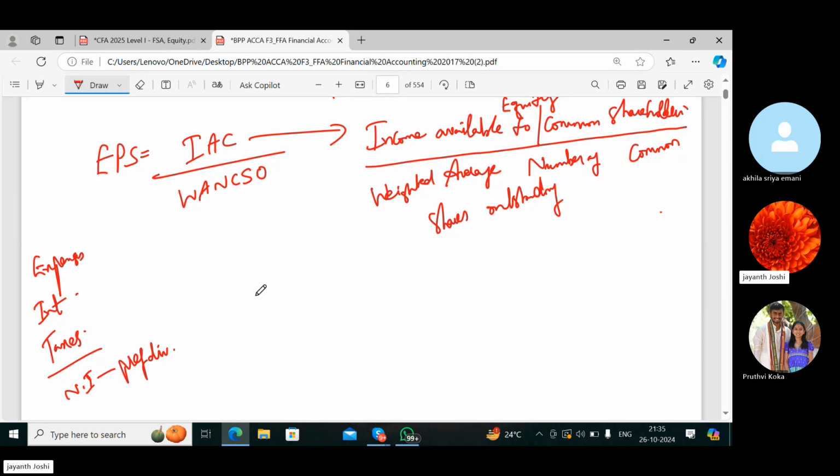Preference shareholders are of many kinds: participating, non-participating, convertible, non-convertible, redeemable, and irredeemable preference shares. But these are not the ones we are discussing. We only want to discuss two types: cumulative preference shares and non-cumulative preference shares.